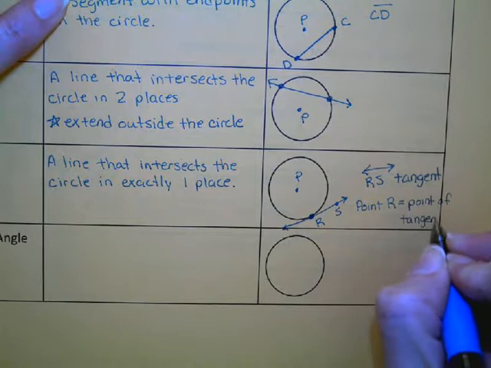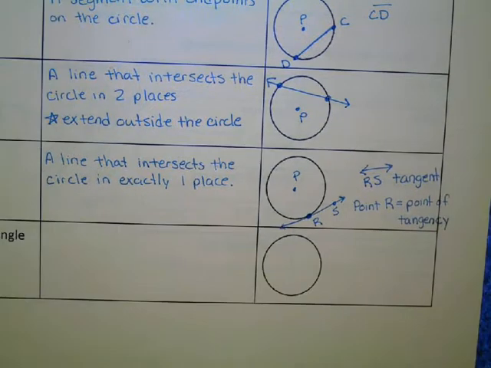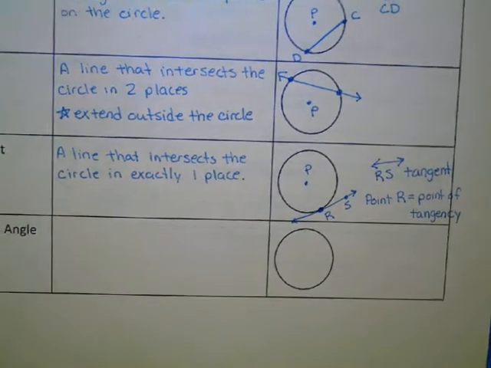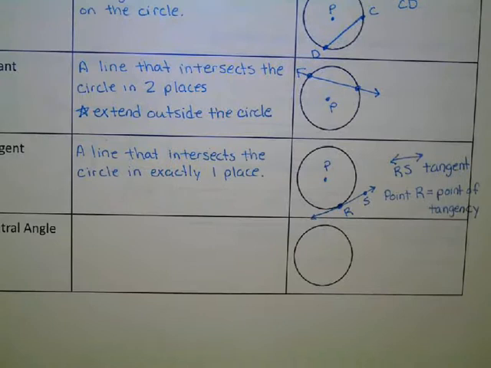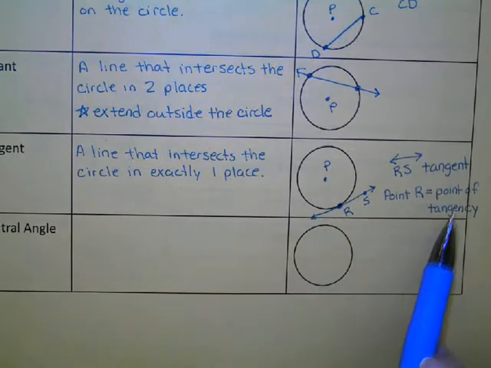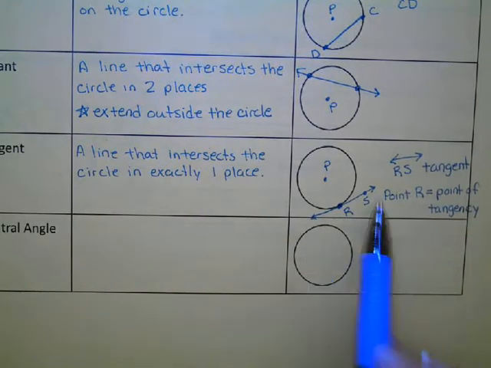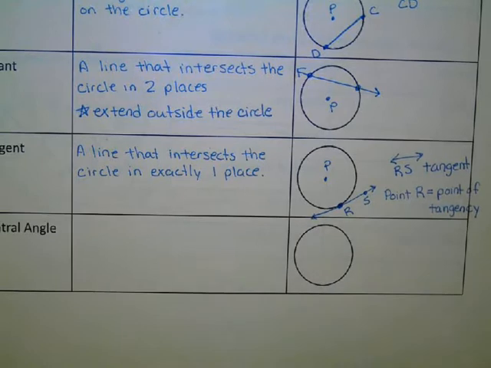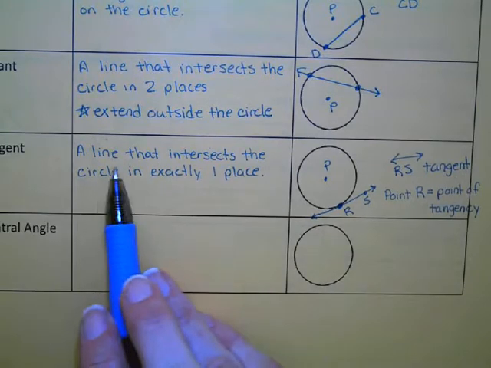That means that point R is where the tangent line intersects the circle. I didn't see the point of making a whole other box to show you that this point is called the point of tangency. This is called the tangent line. Okay, again, a tangent could be a line, a ray, a segment, but it only intersects the outside of a circle.